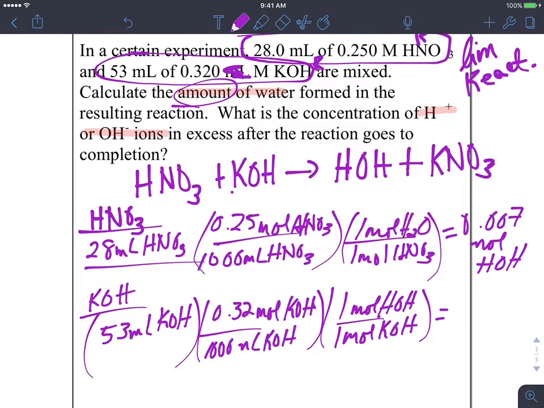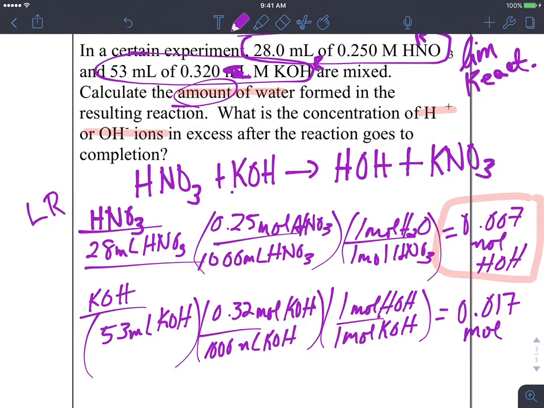So we end up with 53 times 0.32 divided by 1,000, which, with rounding, comes to 0.017 moles. Using what you know about limiting reactants, 0.007 moles of HOH is all we're going to get out of this reaction. That means HNO3 is our limiting reactant.